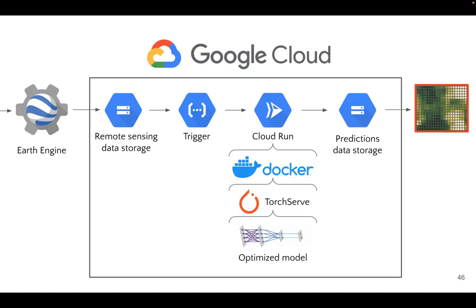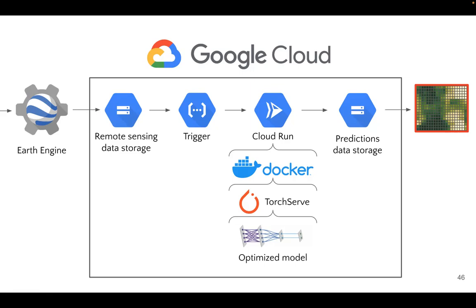Once the data arrives in the bucket, it triggers the Google Cloud function, which sends a request to Cloud Run. Cloud Run is where most of the magic happens in this architecture. It's the multiplier effect that multiplies our model by 1,000 times.